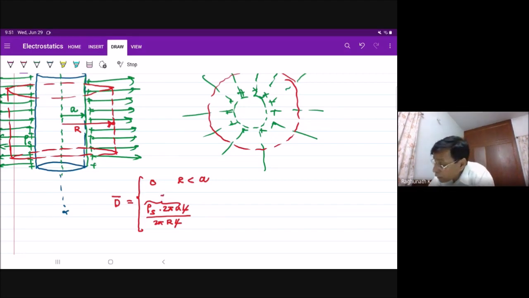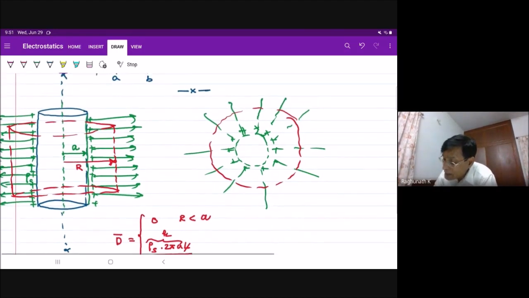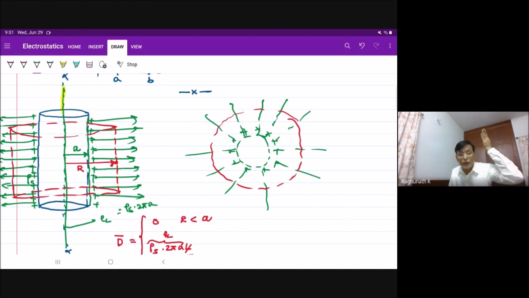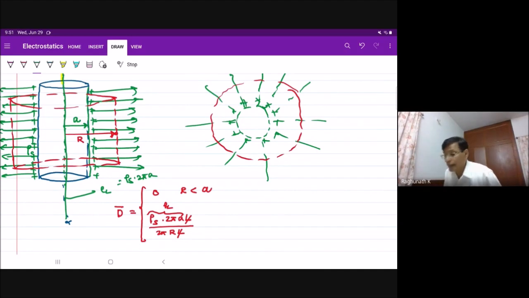If this were to be rho L, there were to be a line charge inside with rho L equal to rho S into 2 pi A. The field is the same at that point, whether it is a line charge of this rho L or a cylindrical surface charge of radius A and surface charge density rho S, divided by 2 pi R L.